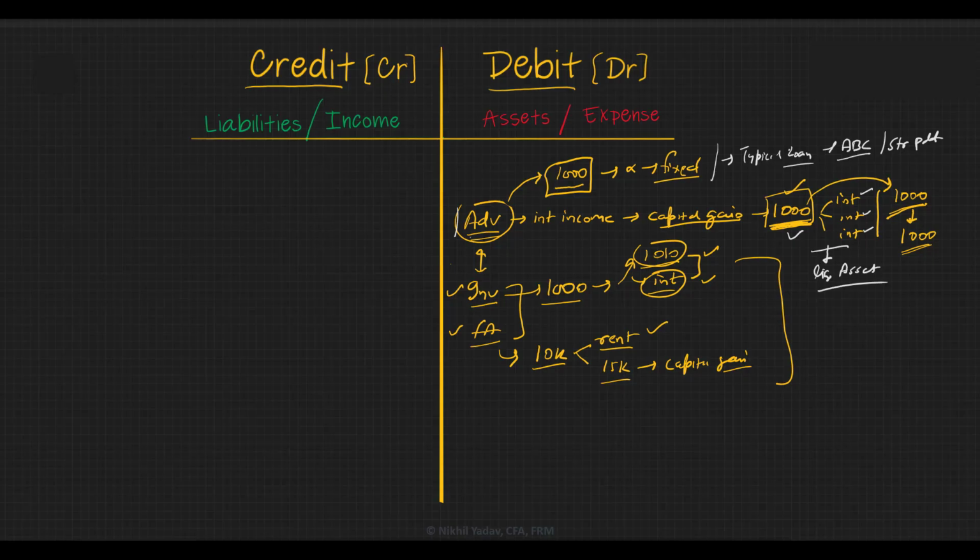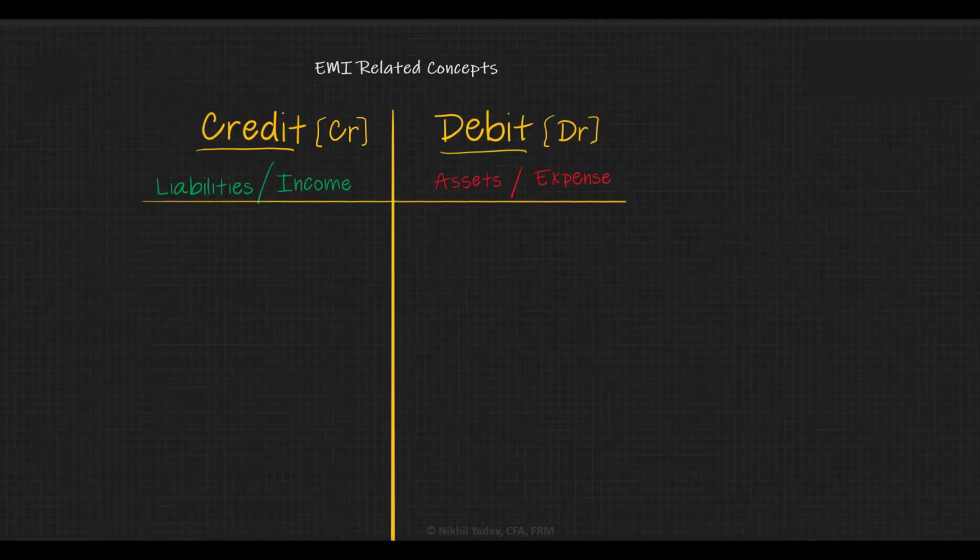The point I wanted to make here is that for advances, when you receive the principal repayment, there are very low chances that the P&L will get impacted, because gains are unlikely on the principal itself, which is very much a possibility for an investment or a fixed asset. Okay, now let's look at some EMI related concepts.